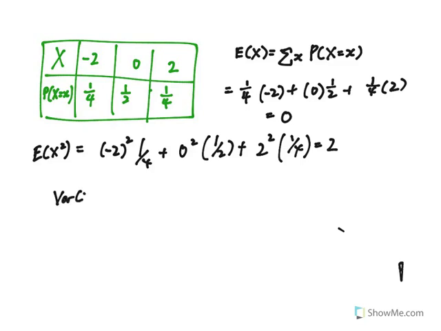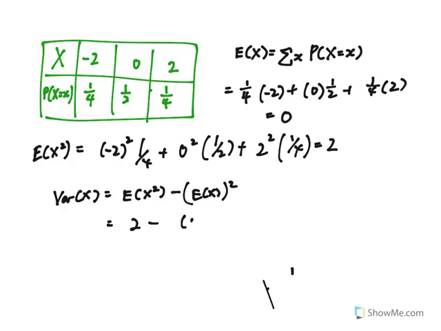Finally, the variance of X would just be E of X squared minus E of X whole squared, which is 2 minus 0 squared, equal to 2.